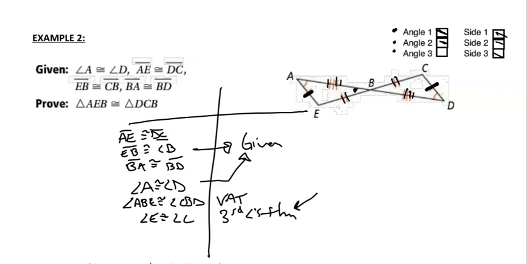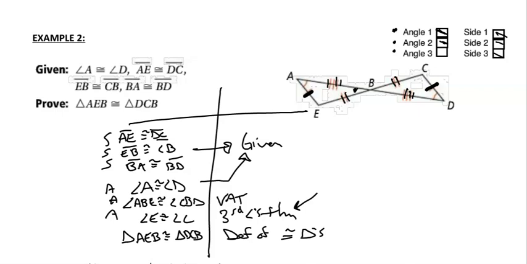Now you could put that in your geometry toolbox. I'm going to tell you soon it's going to become obsolete, meaning you're not going to use it. You really only use it for this section. So if you want to put it in the geometry toolbox, go ahead, but you don't have to. Now that I have an S, an S, and an S, and an A, and an A, and an A, I've covered all of those, and I can go over and say the whole entire triangle AEB is congruent to triangle DCB by definition of congruent triangles.